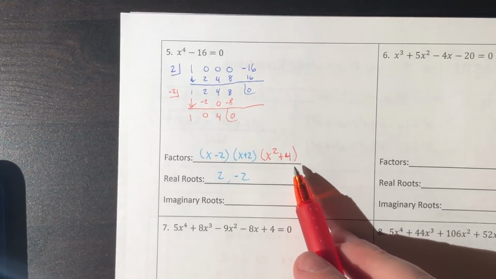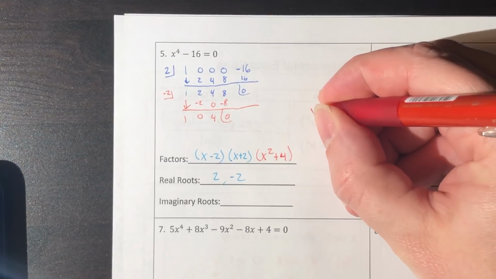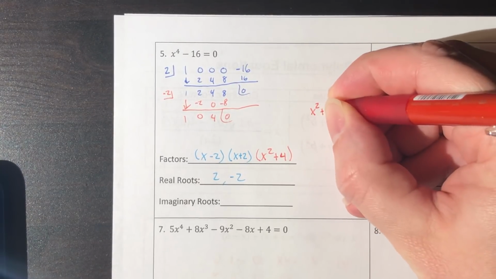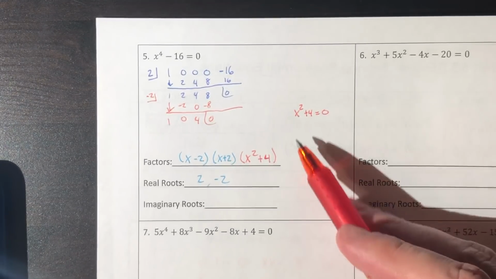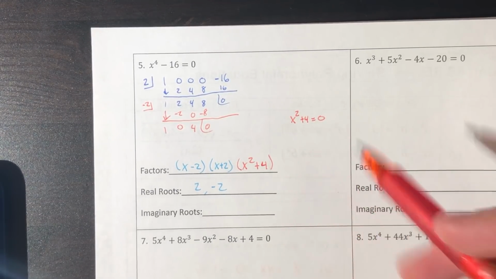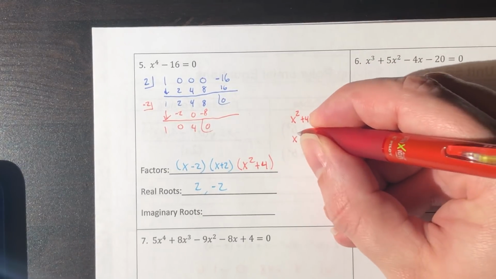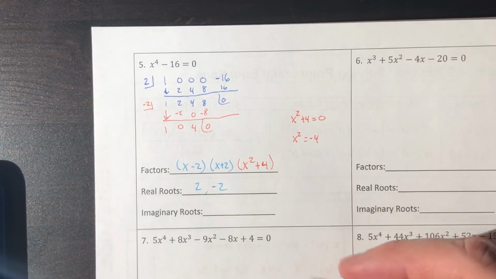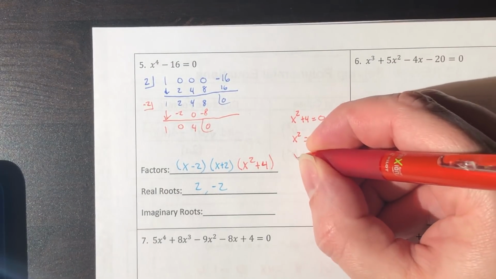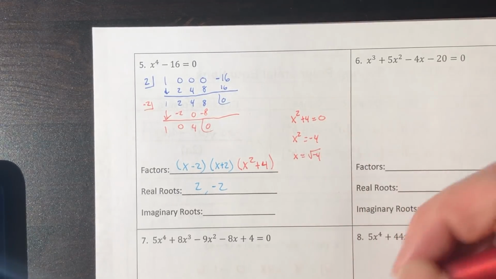So here is where my imaginary roots are going to come, because I'm going to set this equal to 0. So I have x squared plus 4 equals 0. And this I can do the square root method to figure out. So I'm going to get the x squared alone. I subtract 4 from both sides, and then I take the square root. So x equals the square root of -4.